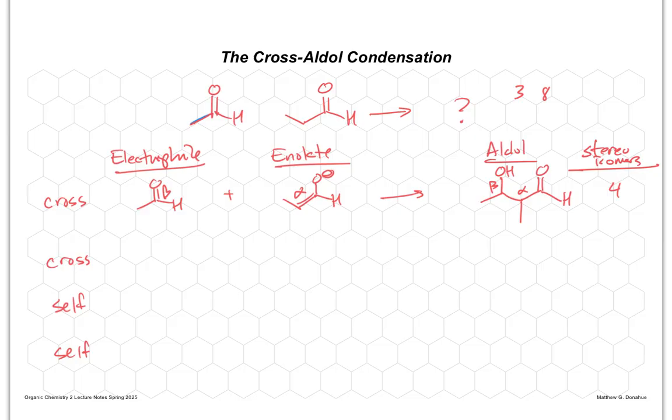So for the other one, we're just going to flip the electrophile and enolate. So now the 3-carbon aldehyde is the electrophile. The 2-carbon is the enolate, and so we can draw that product where we keep track of alpha and beta.